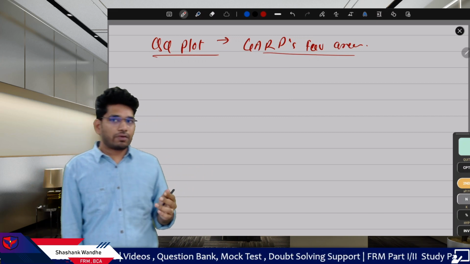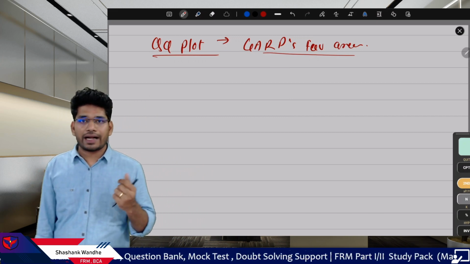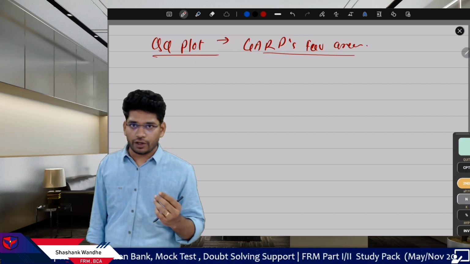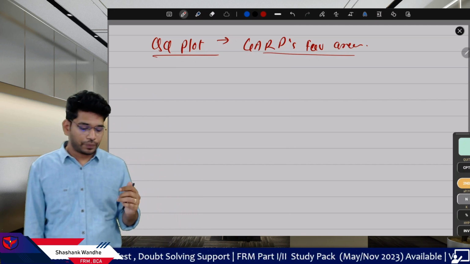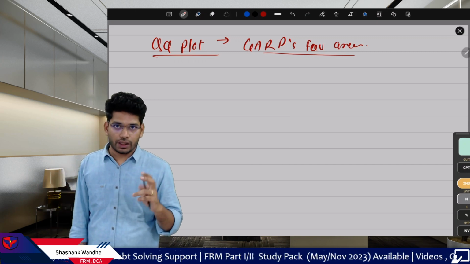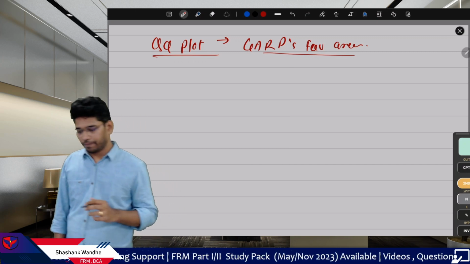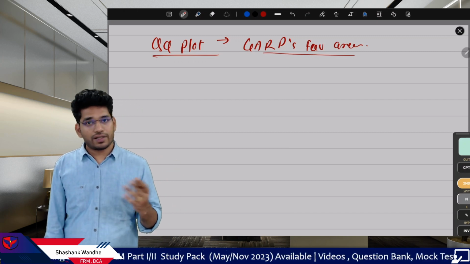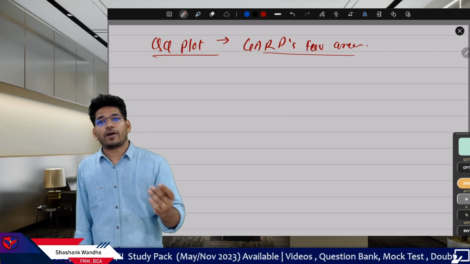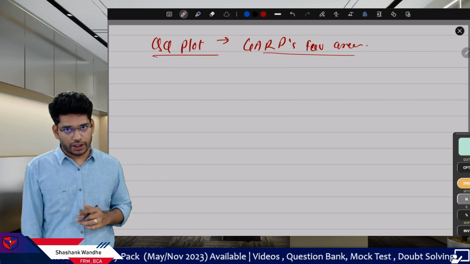In value at risk calculation, we are using standard deviation, we are using the Z value, and this Z value and standard deviation, all this setup requires the assumption of normal distribution, right? Now, the normal distribution assumption is good, no problem with that. But what if your data is not normally distributed?